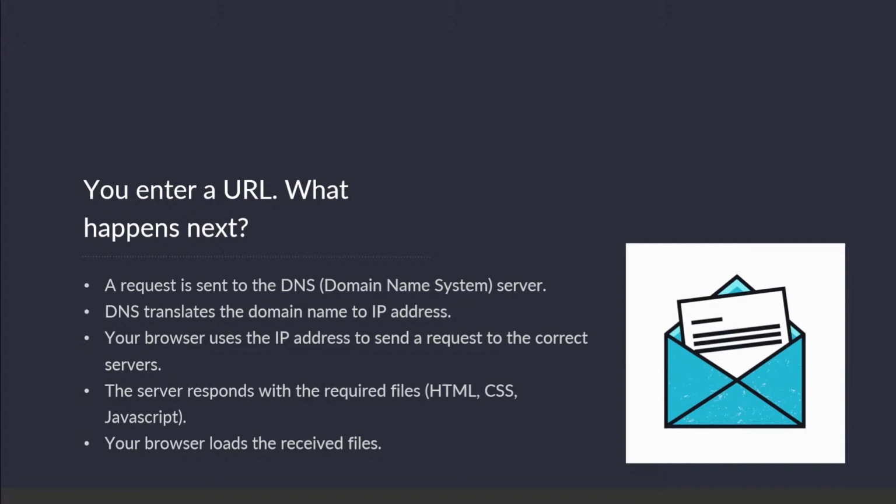If there are any other languages mixed in there, it interprets and converts them to HTML before it sends them back so your browser can deal with them, and then your browser loads the received files. So that's 5 steps in this process that you could draw out or map out, hint, hint.